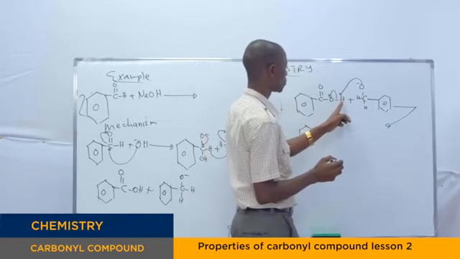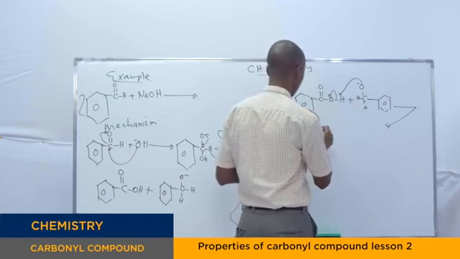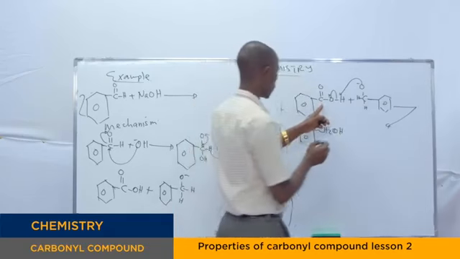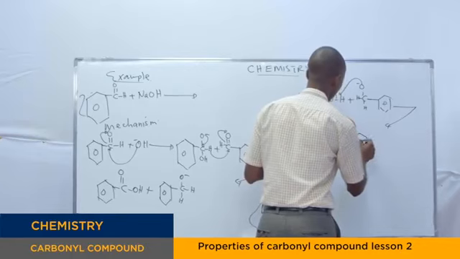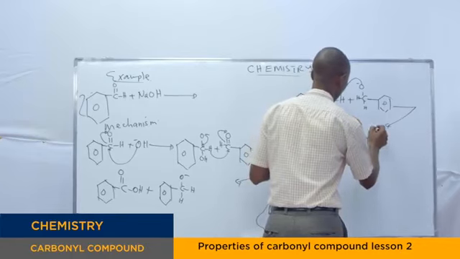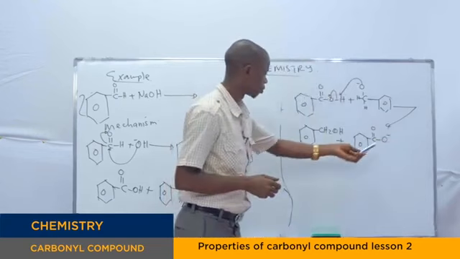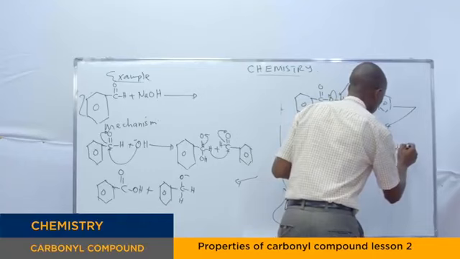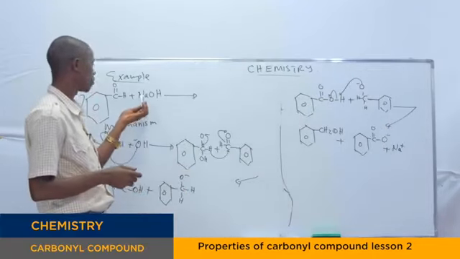When this proton is taken here, alcohol will be formed. This is benzyl alcohol. But this one will be like that. So this ion will combine with the sodium ion from the first part.